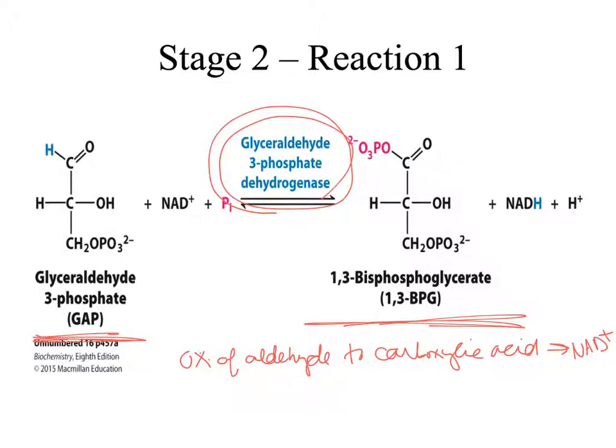And then we have the joining of the carboxylic acid and the orthophosphate to form the product. And we can see this mechanism in the next slide.